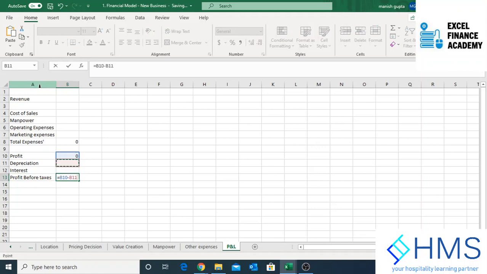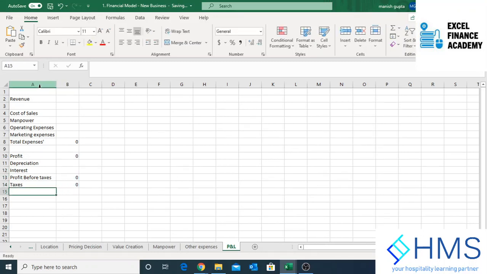So it's going to be profit minus depreciation minus interest, and then the taxes. Taxes are usually a percentage of the profit, let's say we assume 25%, and then you have profit after taxes.